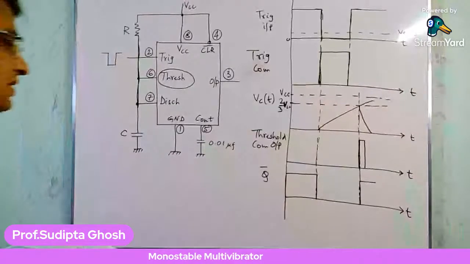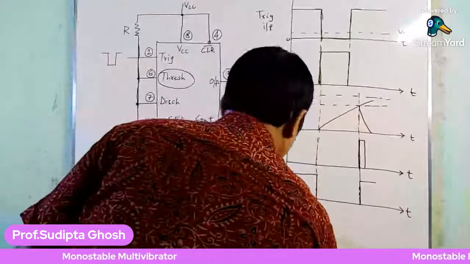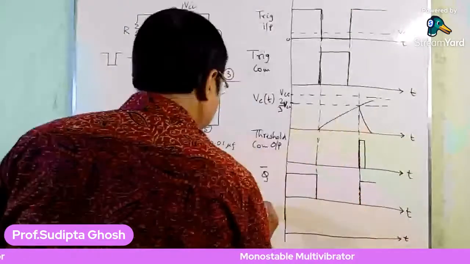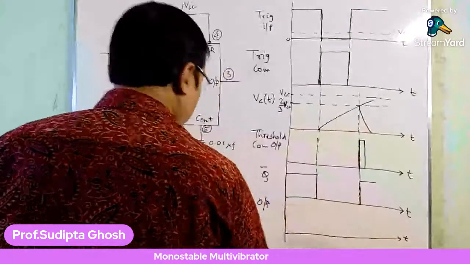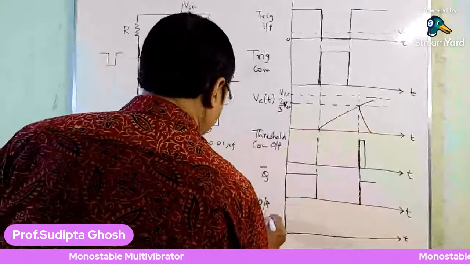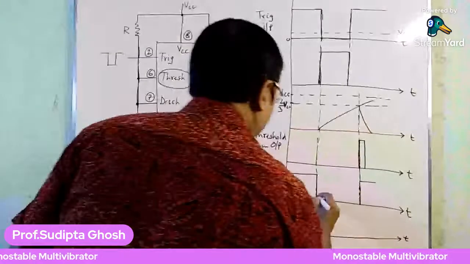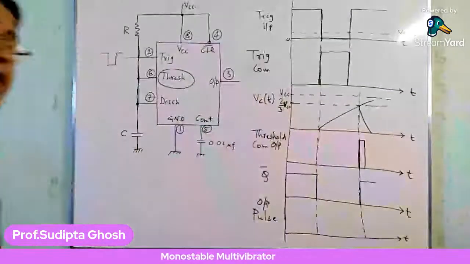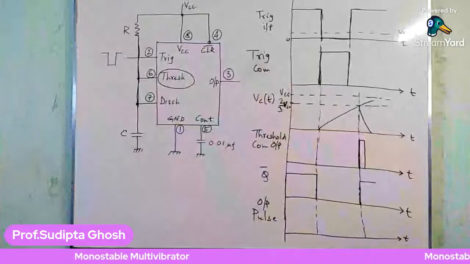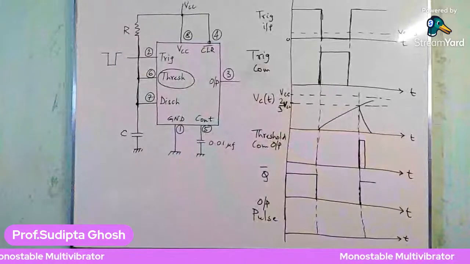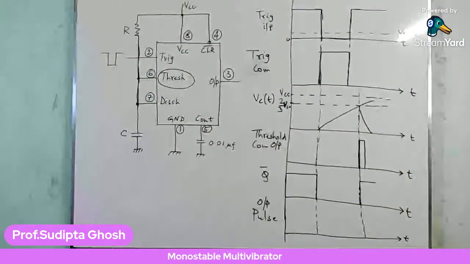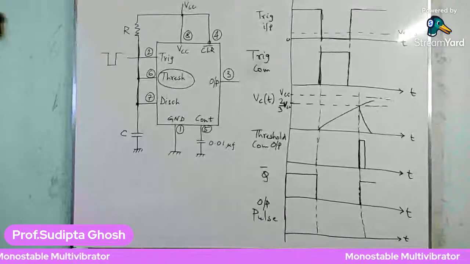Now lastly I am showing you the output pulse. That is the important part. So what happened is that when the Q bar is high, that makes the output pulse go low, and when the Q bar is low, that will actually make the output pulse high.